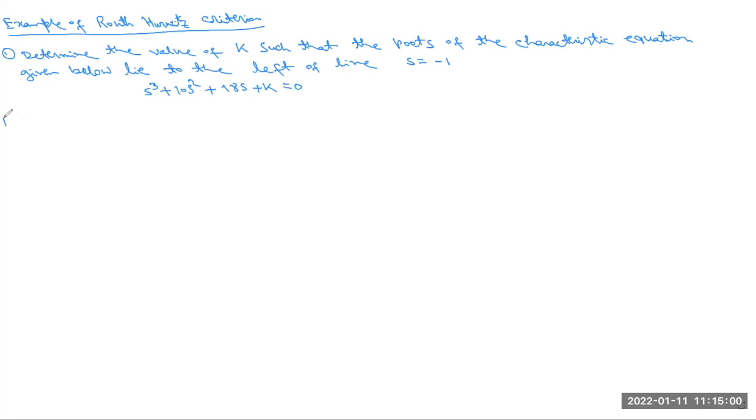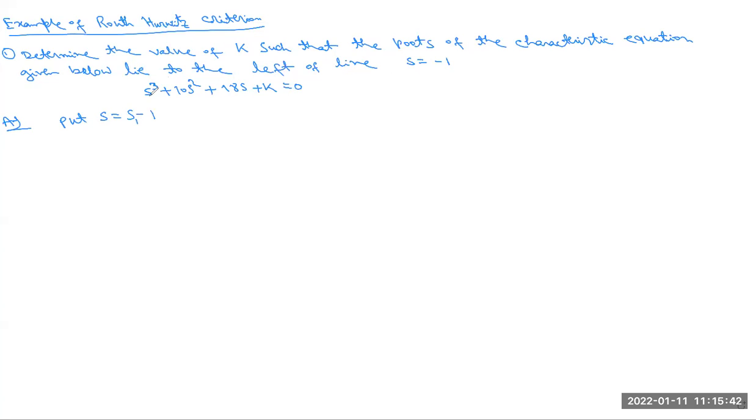First you have to read the question: determine the value of K such that the roots of the characteristic equation lie to the left of the line S equal to -1.